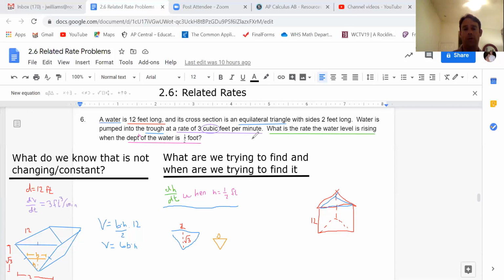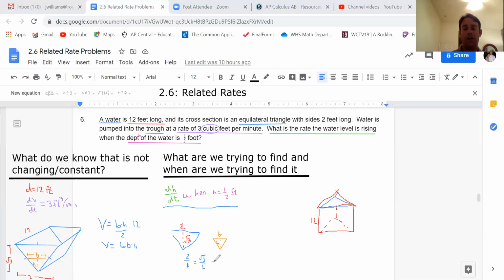Let's call that B for base, and height. So by making ourselves a little special right triangle here, or similar triangles, I can have 2 over the base equals root 3 over the height.